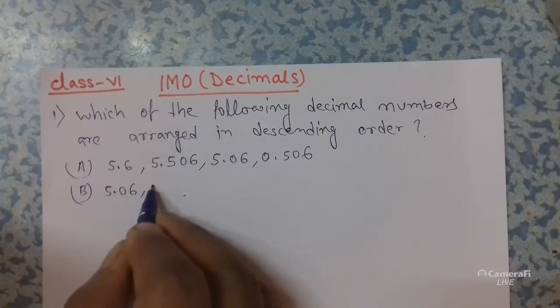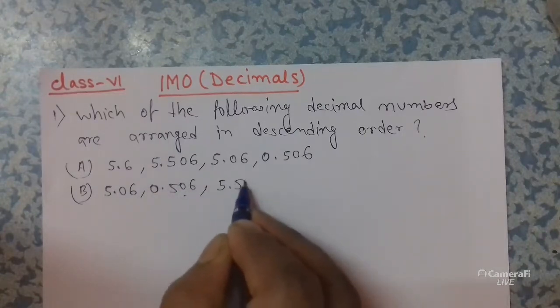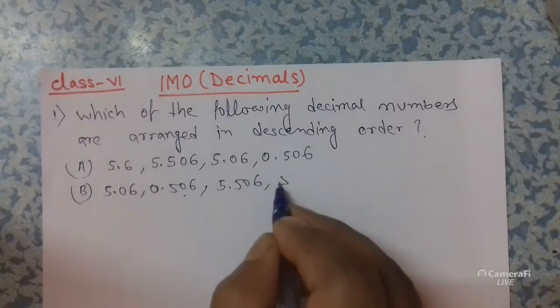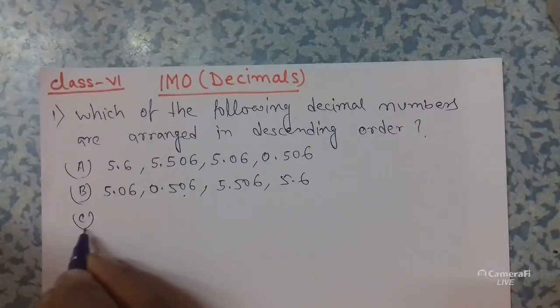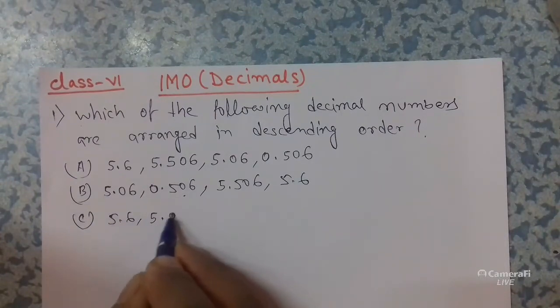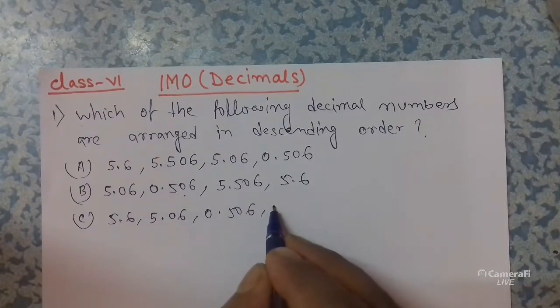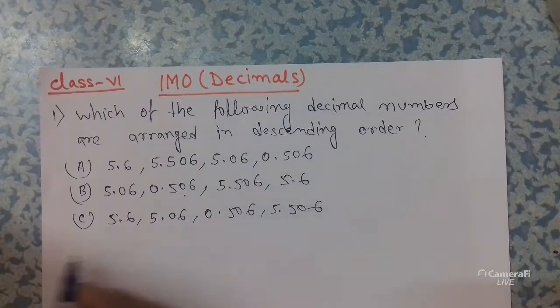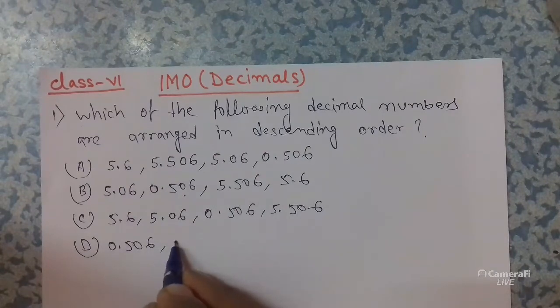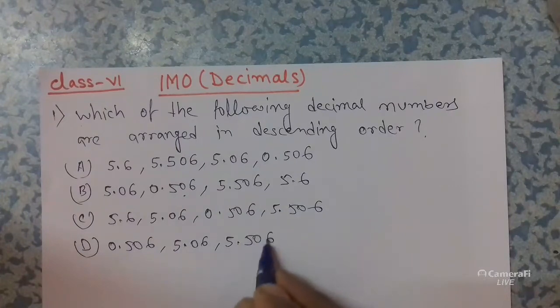5.06, 0.506, 5.506 and 5.6. Option C, 5.6, 5.06, 0.506, 5.506 and option D, 0.506, 5.06, 5.506 and 5.6.